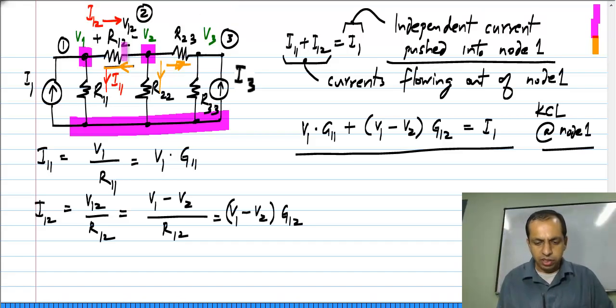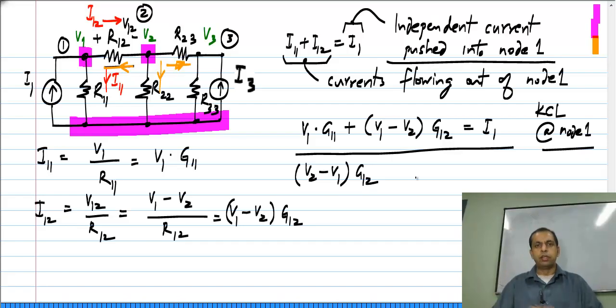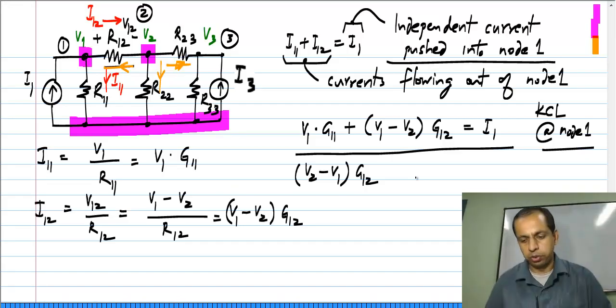So, what is the current through R12 in this direction flowing from right to left? It will be V2 minus V1 divided by R12. Okay. V2 minus V1 divided by R12, which of course is V2 minus V1 times G12. Okay. For nodal analysis, it is a lot more convenient to use conductances instead of resistances while writing down the equations. That is what I am going to use.